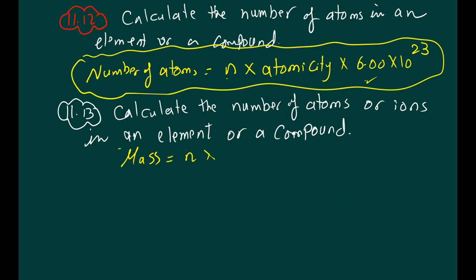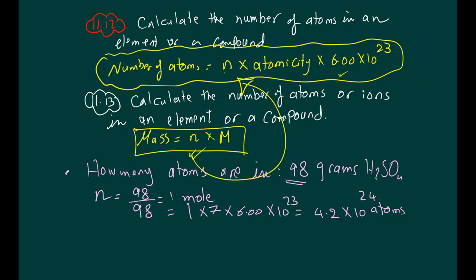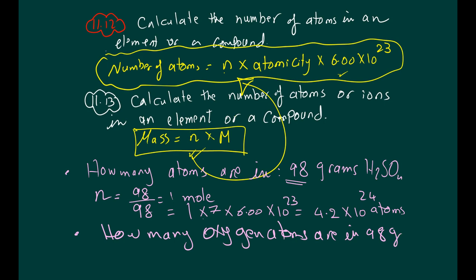If you add a point to the question by asking how many oxygen atoms are in also 98 grams sulfuric acid. Here you will do the same thing by finding the number of moles, and then when you apply the formula, I have 1 mole times, here you should use only the number of oxygen atoms.